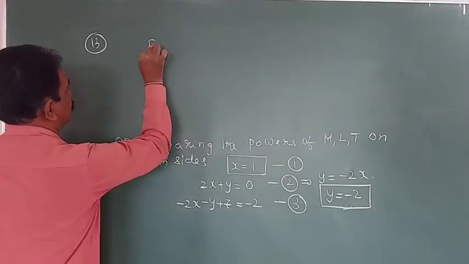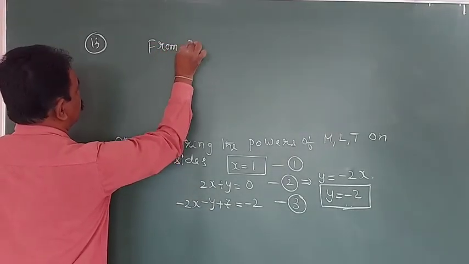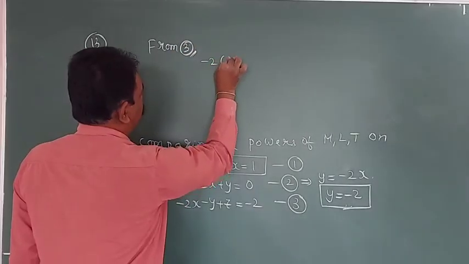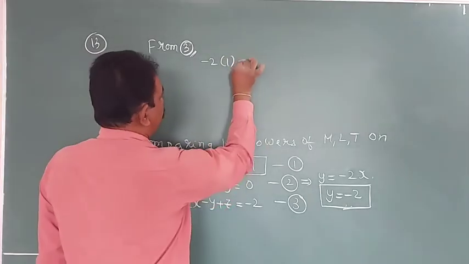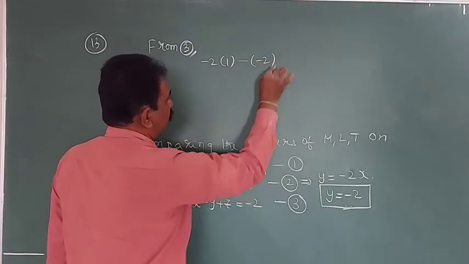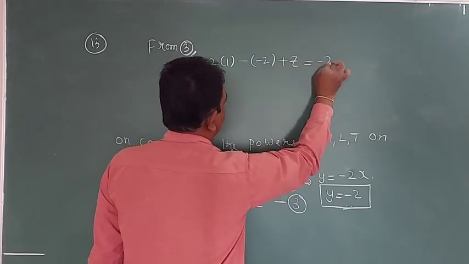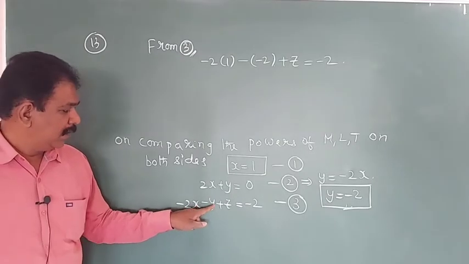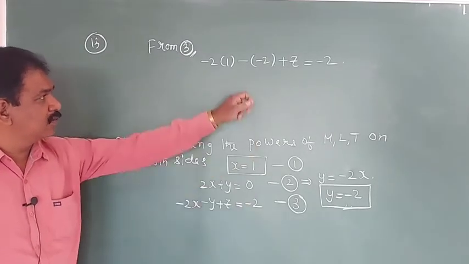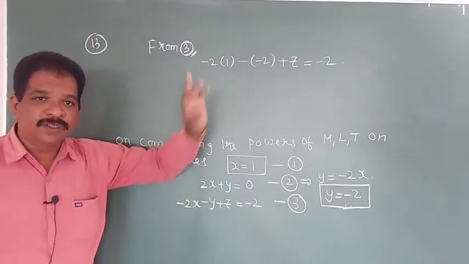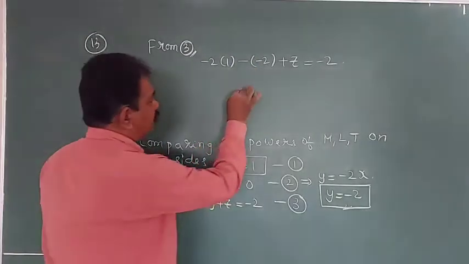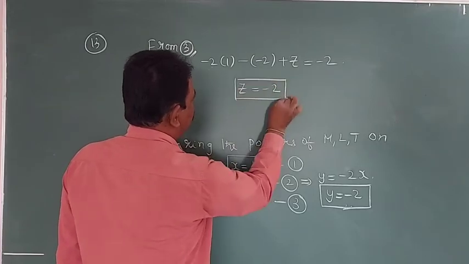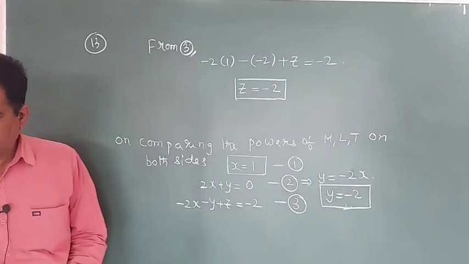Next, from 3, minus 2 into 1, x value, minus of minus 2 plus z is equal to minus 2. This minus 2 plus 2 becomes cancel. Therefore, z is equal to minus 2. We got x, y, z values.